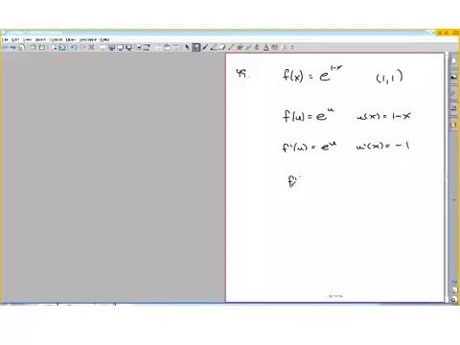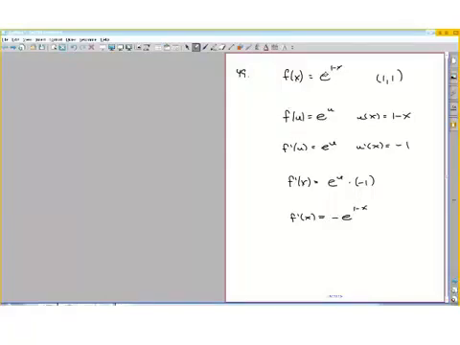So f prime of x is just equal to e to the u times negative 1. So that just becomes negative e to the u, and u is 1 minus x. So all we do is change the sign because of this negative here.